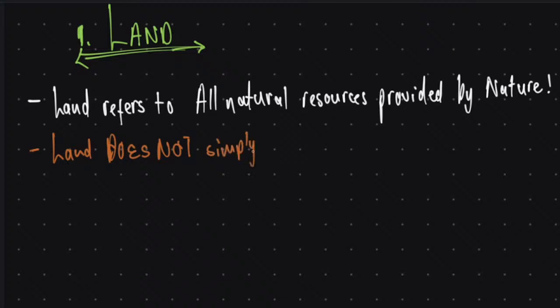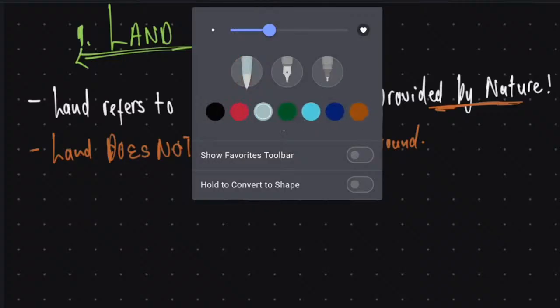If you're asked to define land as a factor of production, what does land represent? That gives you 2 marks. These natural resources should be provided by nature.